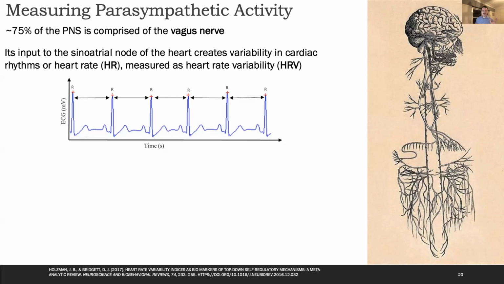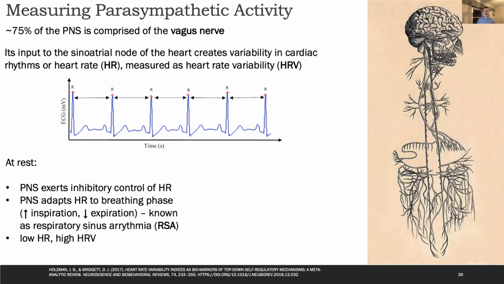So the opposite side, parasympathetic activity, is innervated by the vagus nerve, the largest parasympathetic nerve in the body. I think it takes up like 75% of the parasympathetic system. But interestingly for us as psychophysiologists, it innervates the heart. At rest, the parasympathetic nervous system actually slows down the heart rate.